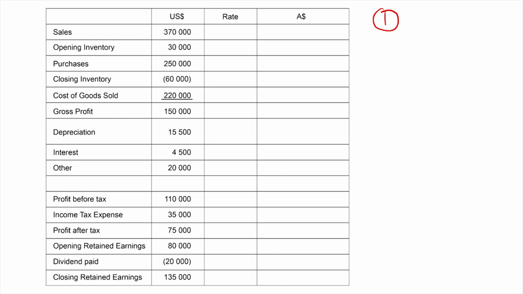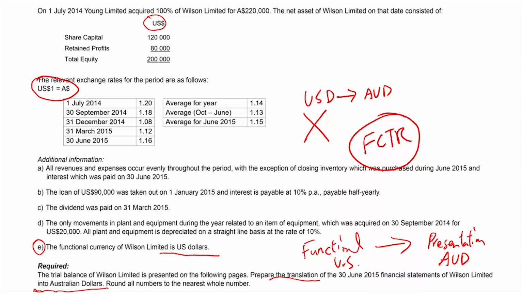Let's go back to the original question. Additional information A says that all revenue and expenses occur evenly throughout the period, which means that we are going to use the average rate for most of the revenue and expenses. They say that with the exception of closing inventory, which was purchased during June 2015.